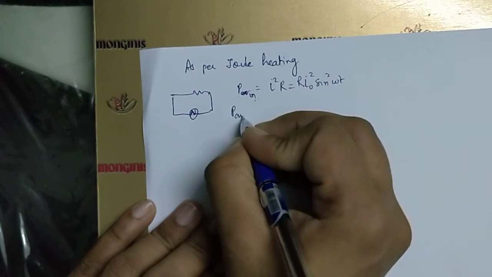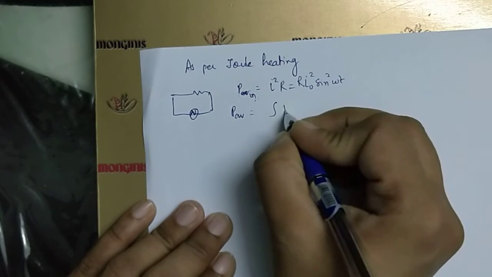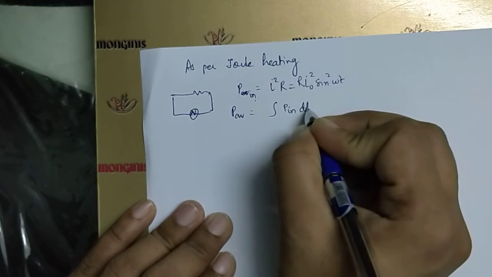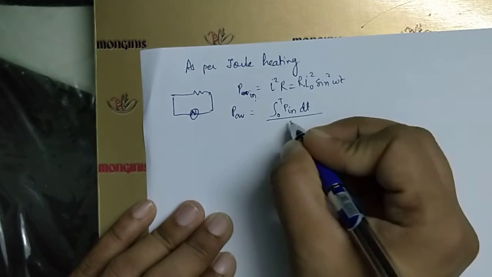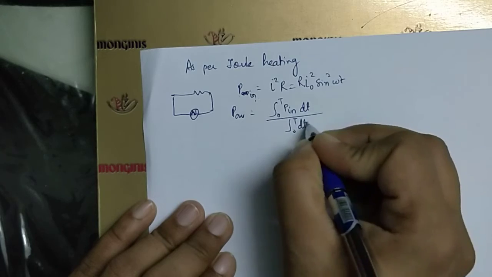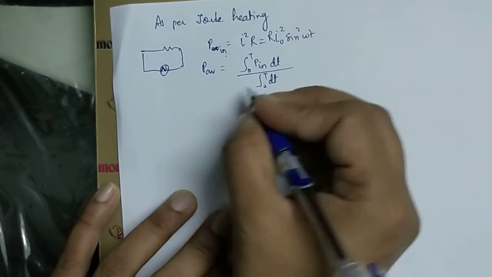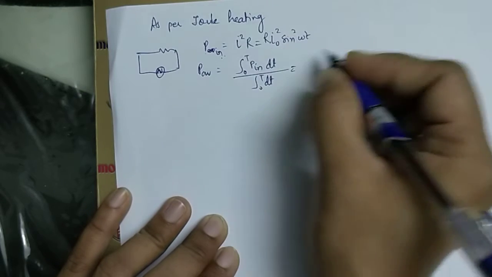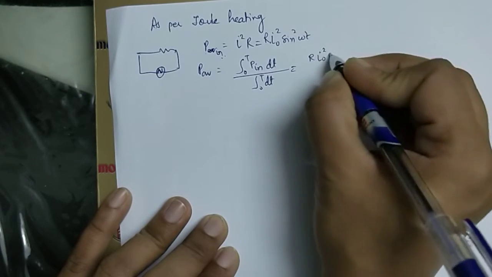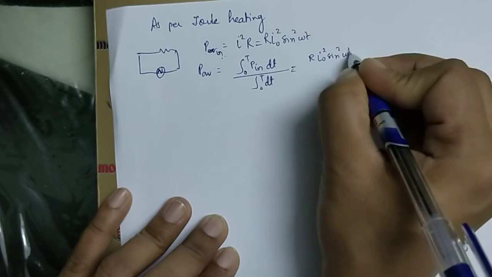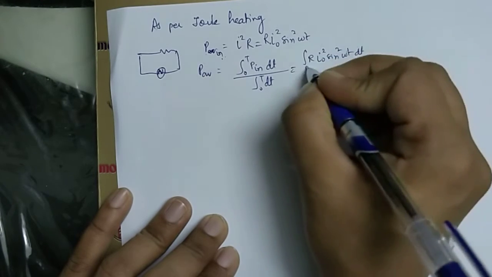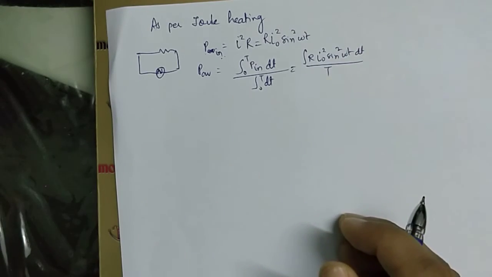Now average power is for a complete cycle. If I add instantaneous power over time 0 to T, and then divide by this time, I get the average power. So I substitute R I naught square sine square omega t dt, integral, upon total time.